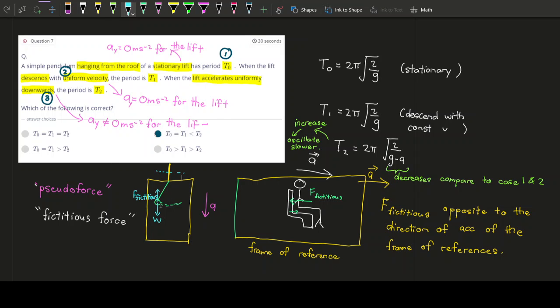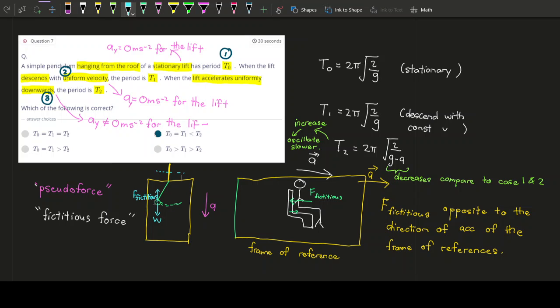This pendulum bob will fall with the same acceleration as the lift, so you can think of it as floating in the lift.